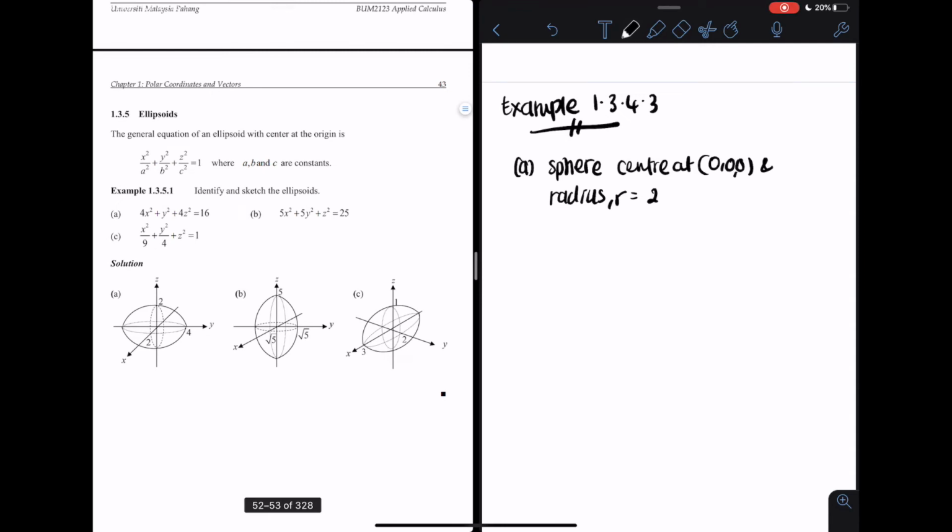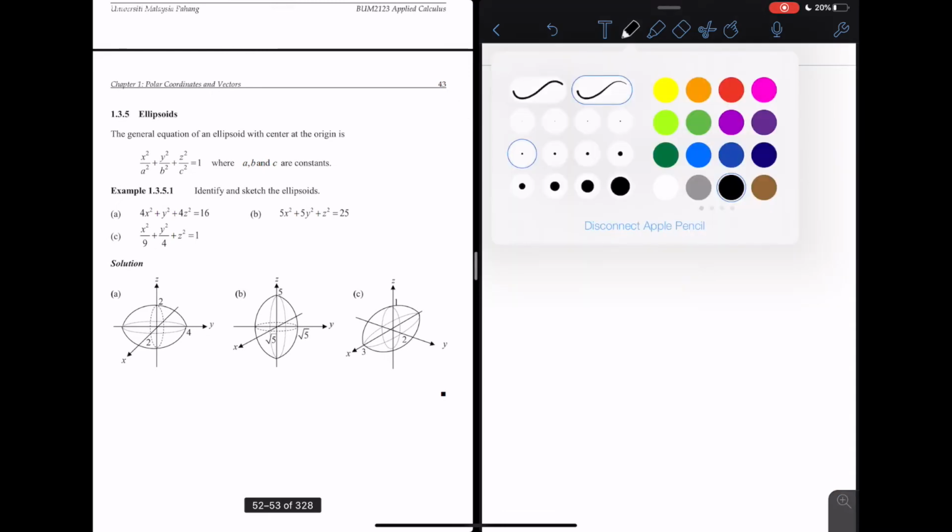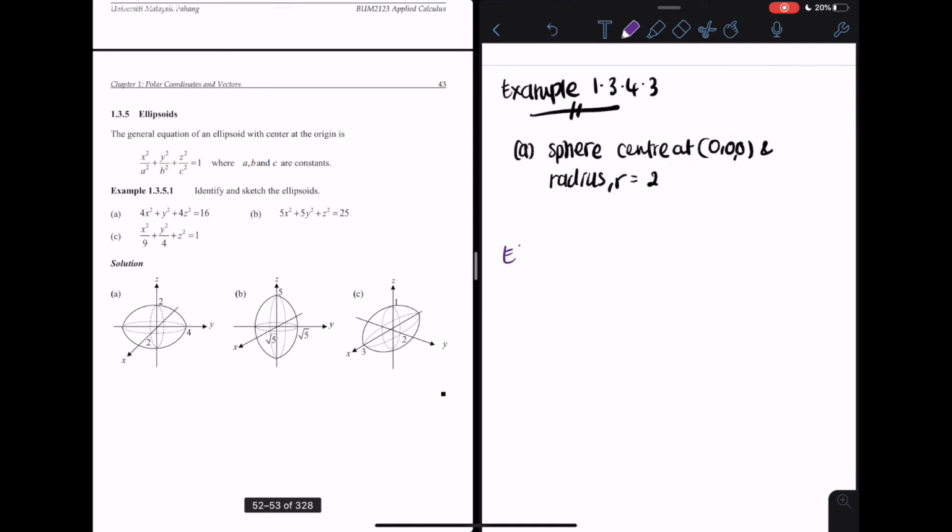So let's take a look at the next topic, which is the ellipsoid. If a sphere in our daily life can be related to a ball, an ellipsoid can normally be related to a rugby ball.